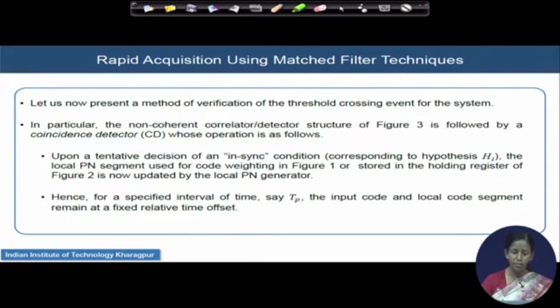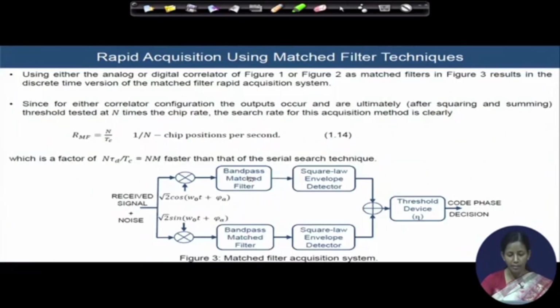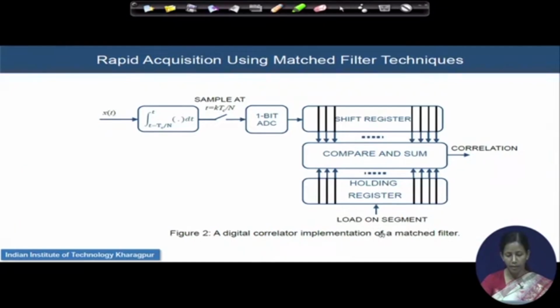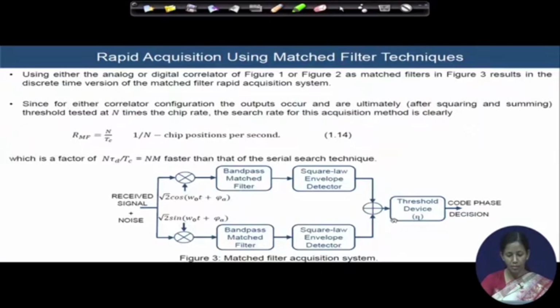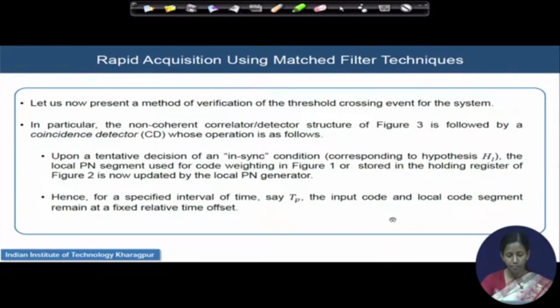Upon a tentative decision that you are in sync, say hypothesis H1 says that you are in sync, whatever PN segment you are storing inside the holding register, or equivalently inside figure 1 the code waiting, will be updated.